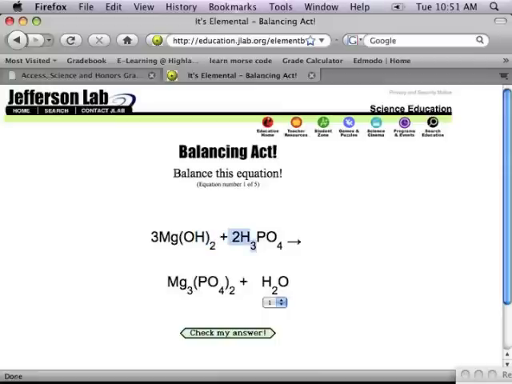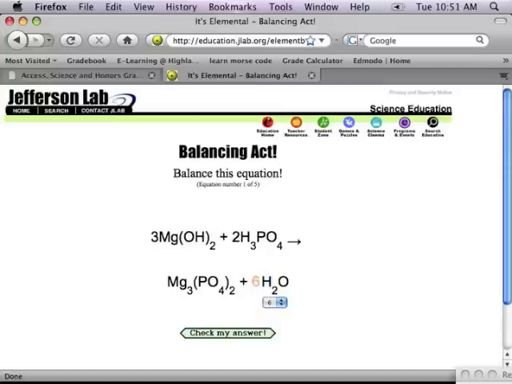And then if you notice over here, I had 6 also. So I have a total of 12 hydrogens. Well, on the right side of the arrow, I need 12 hydrogens. There's no hydrogens over here, I've only got hydrogens to look at here. So this subscript 2, what times 2 would give me 12? Well, 6 times 2 will give me 12.